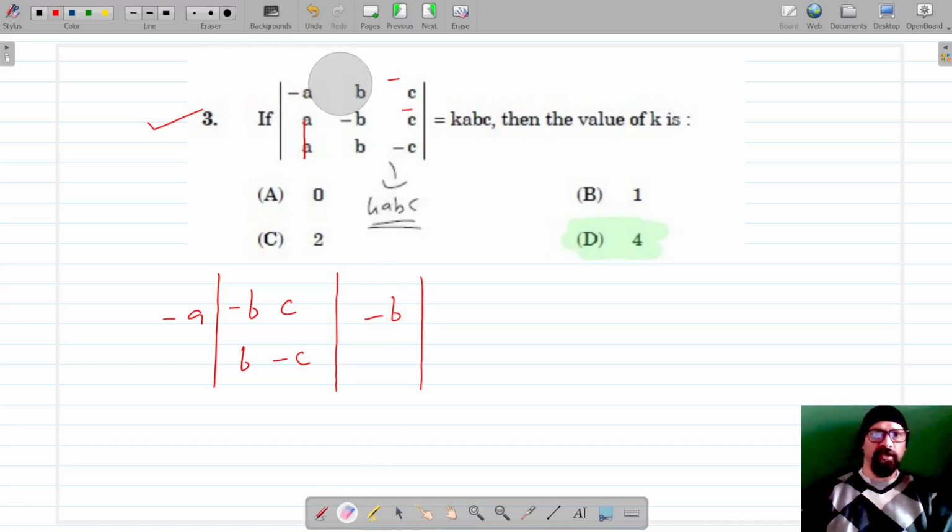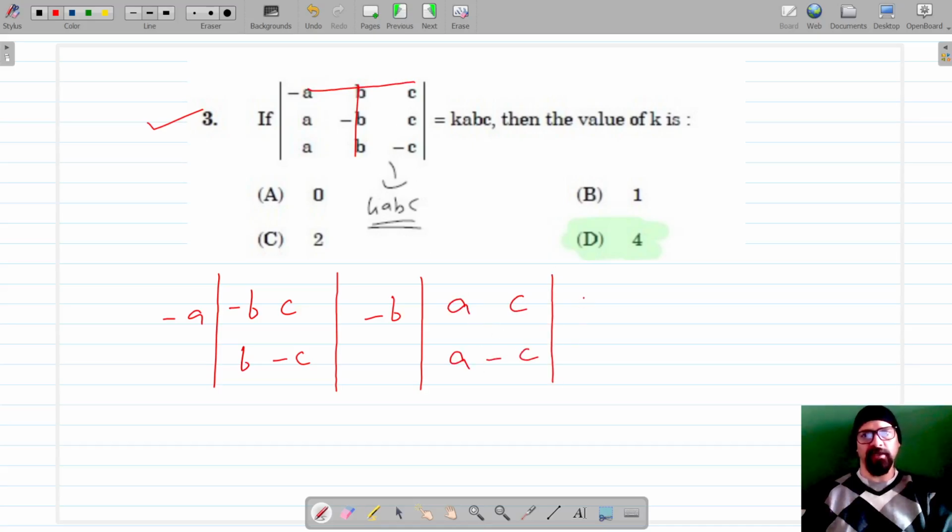And removing the row and the column for the second element, we are left with the determinant ac, a negative c, and after that it's plus c. So removing the row and the column for the third element, it's a and negative b and a and b. And this value is equal to k into abc.